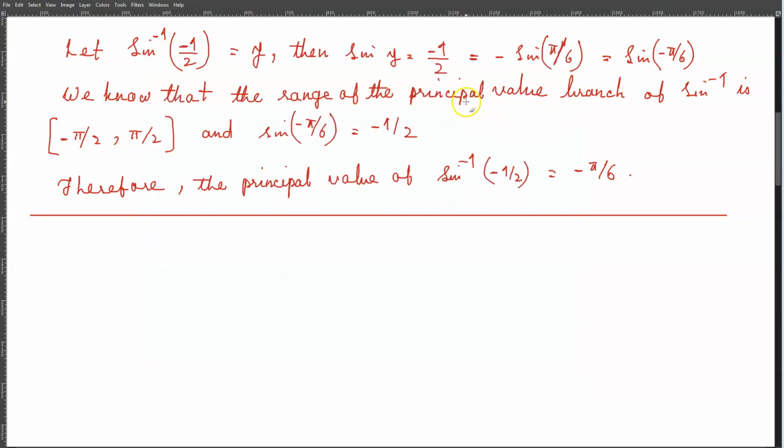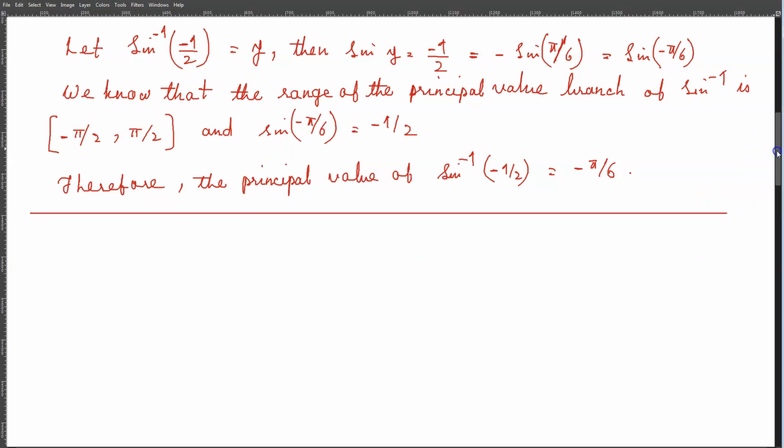So now the next question that we have is question number 2, which is basically you want to find the principal value of, for example, cos inverse of square root of 3 by 2.